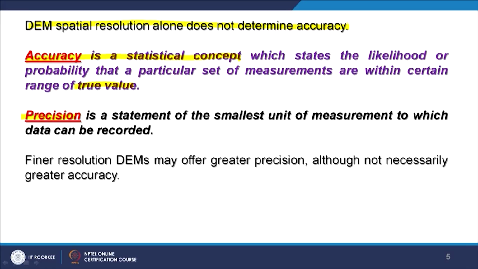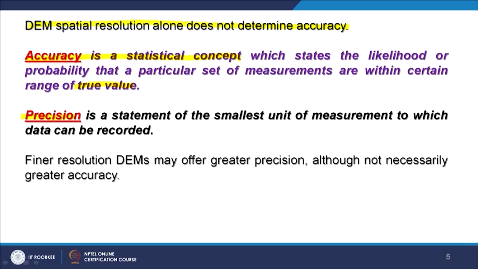So, I may have a 5 meter spatial resolution DEM, but the elevation values it is giving may have a large difference from my standard true value. So, it is not true that a high spatial resolution digital elevation model will also have better vertical accuracy. This one has to remember.